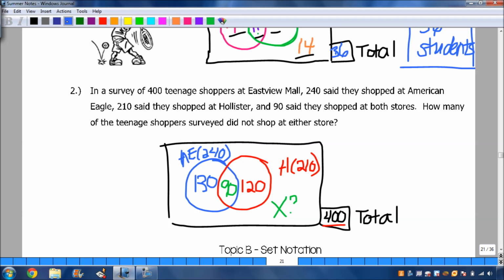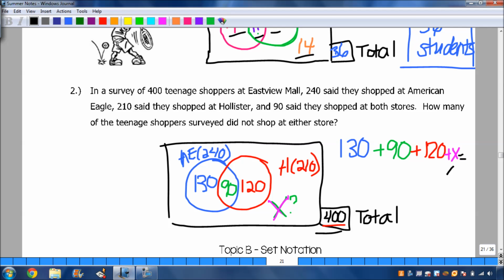So I'm going to take the teenagers that shop only at American Eagle, the teenagers that shop at both, the teenagers that shop only at Hollister, and then the teenagers that don't shop at either. I'll use a different color for this. So I'm going to say plus X. And I know that all together, that's going to be our total of 400.